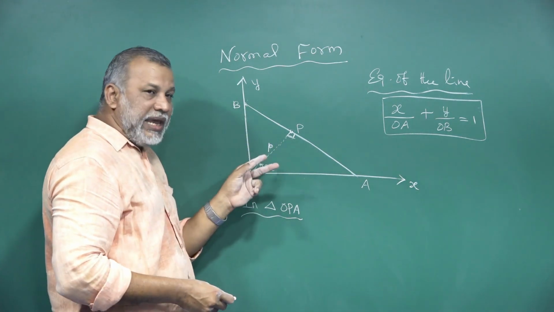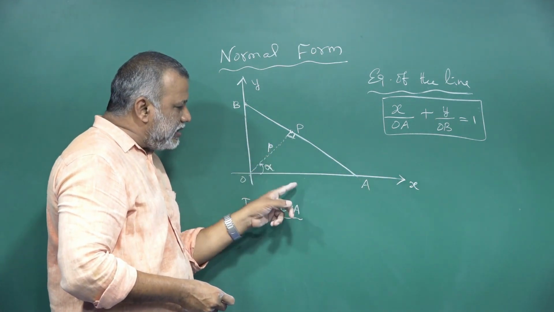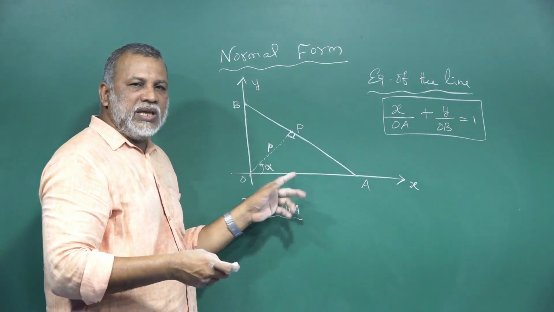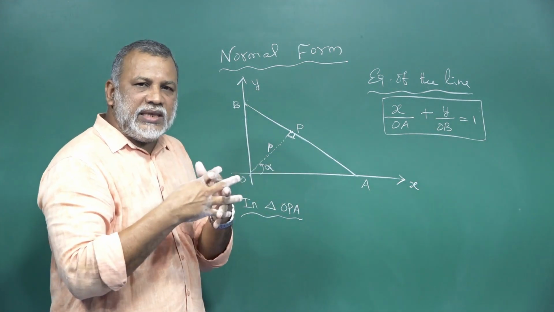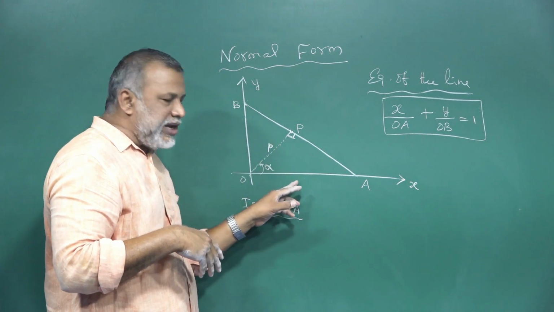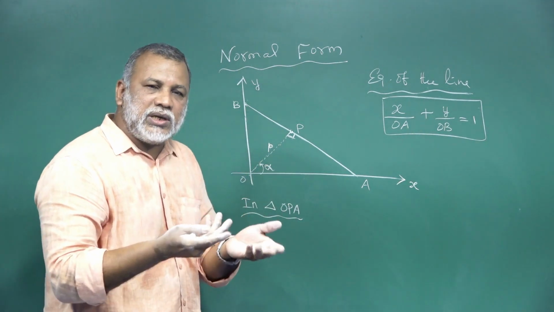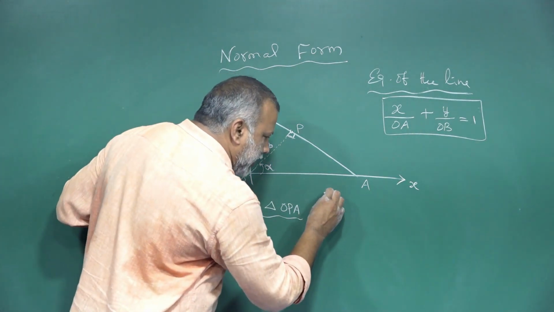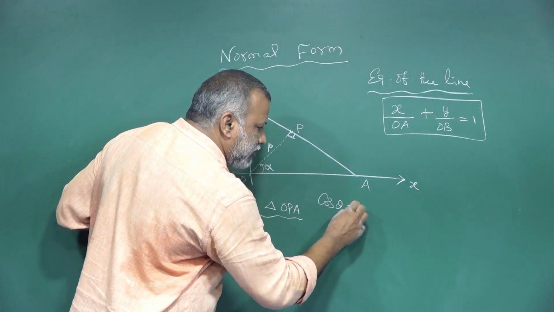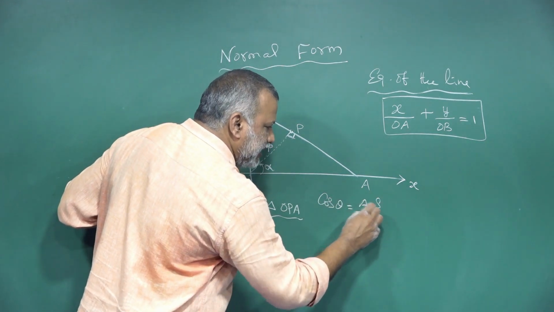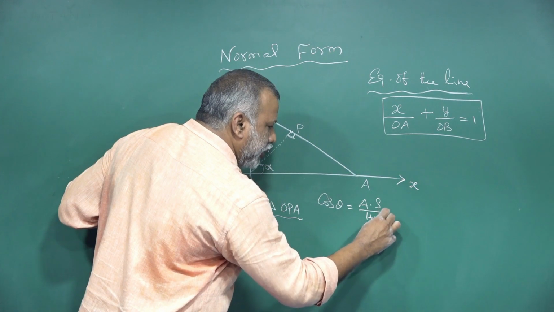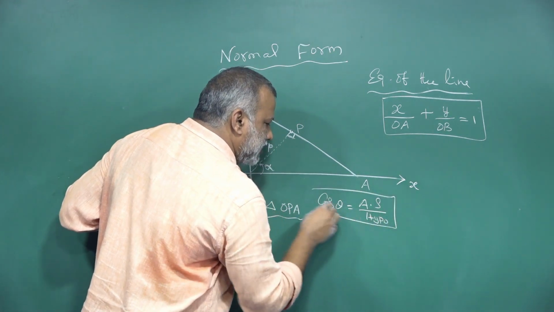So we have to relate adjacent side with the hypotenuse. Where we are able to relate this one? Adjacent divided by hypotenuse will produce cos theta. Therefore dear students, use the cos theta formula. Adjacent side divided by hypotenuse. This is cos theta.